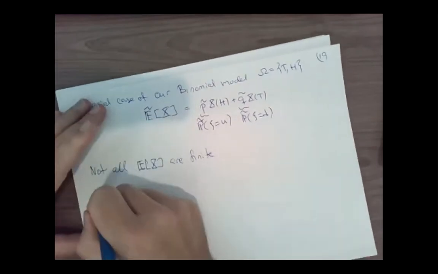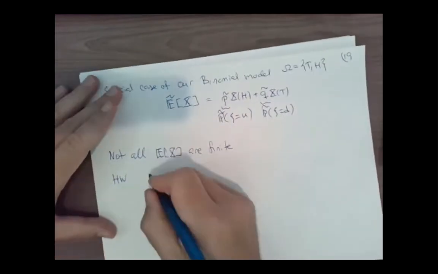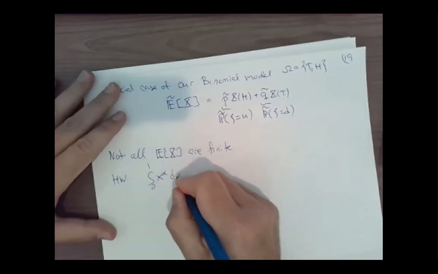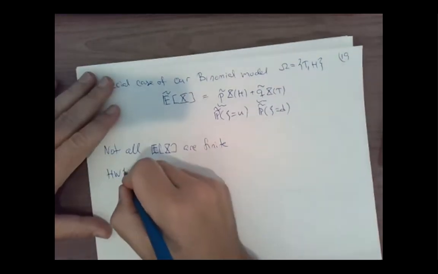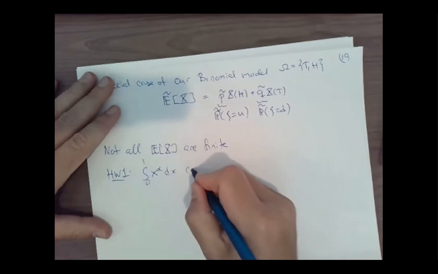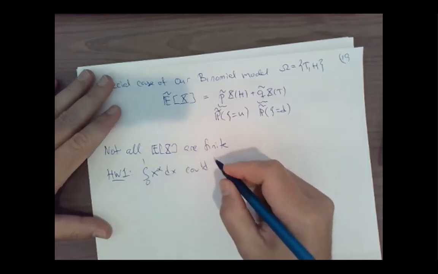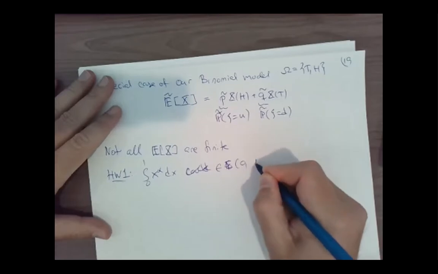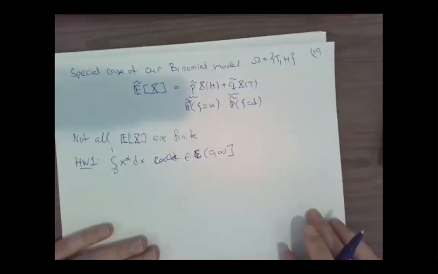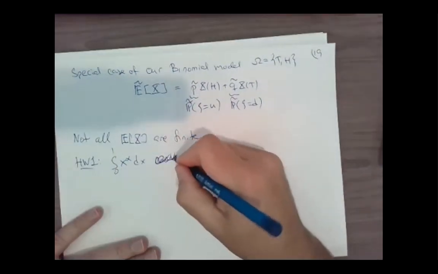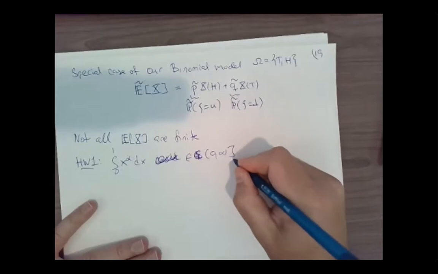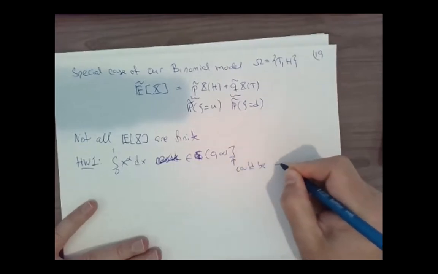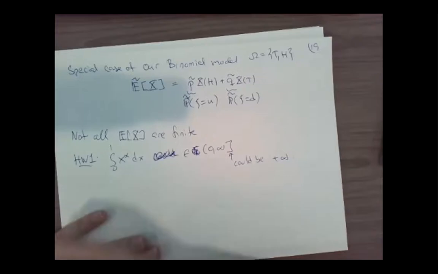If you look at your homework, you would have integrals from 0 to 1 of x to the alpha dx. This was in homework 1. This belongs to 0 to infinity. It could be plus infinity. You saw examples of alpha here.